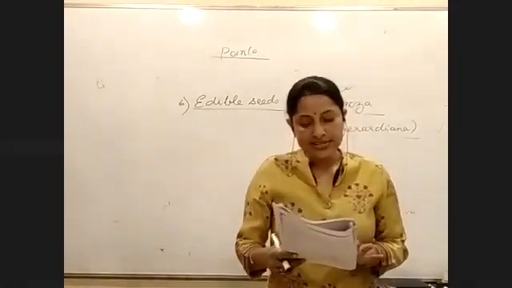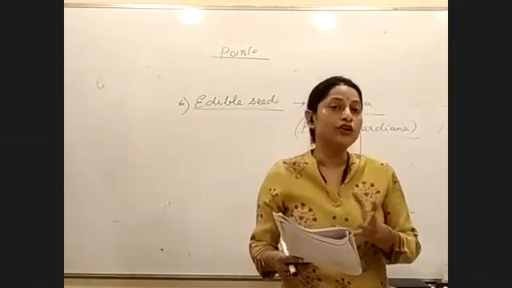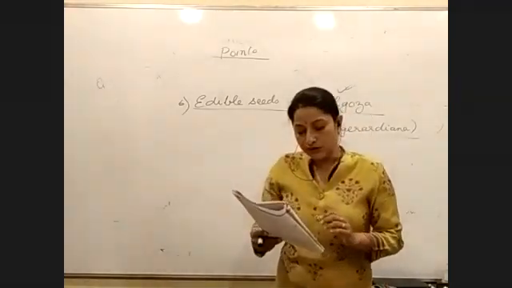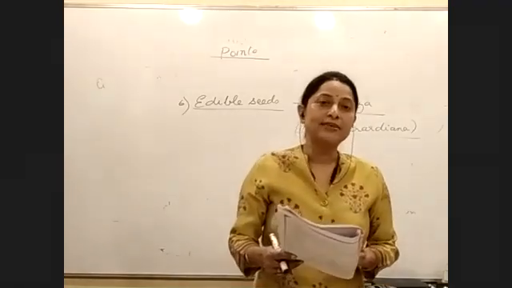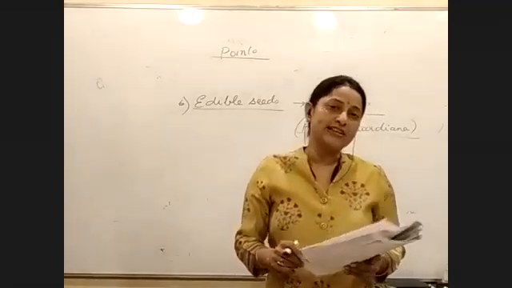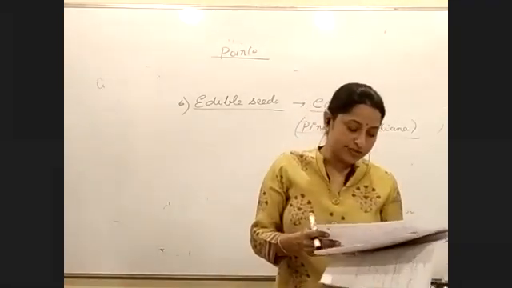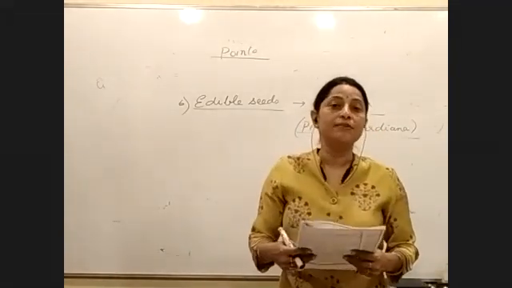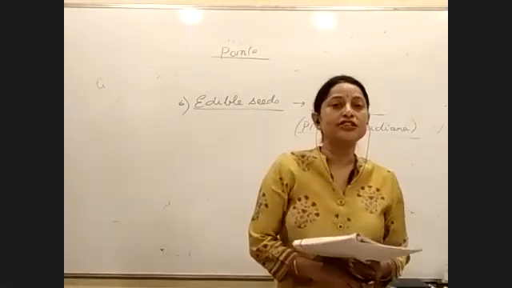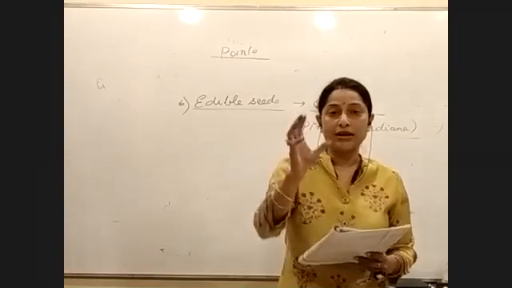How many ovules per scale? It will have 2 ovules, right? These ovules will ultimately form megaspores. How many megaspores will form? 3 megaspores. Out of them only 1 will remain functional, right? So one becomes the functional megaspore, no?